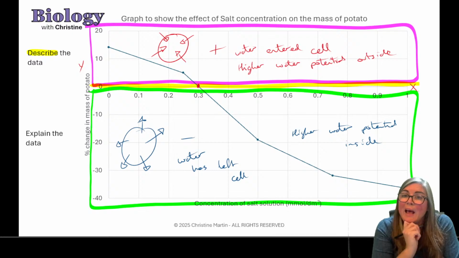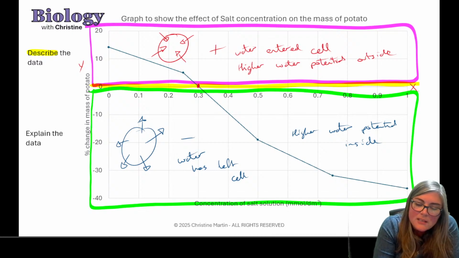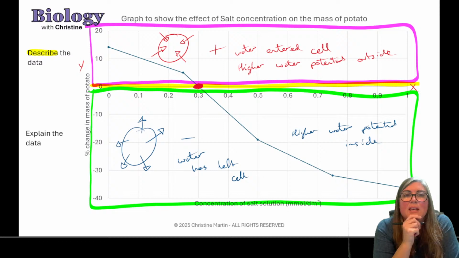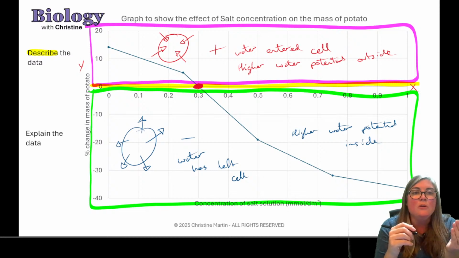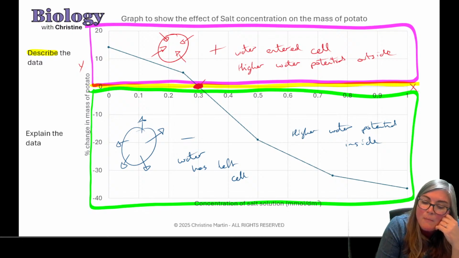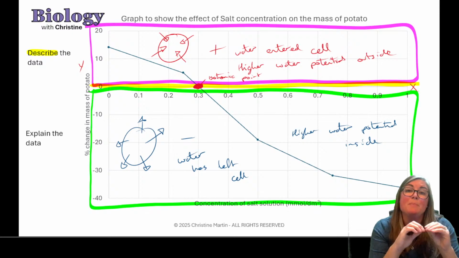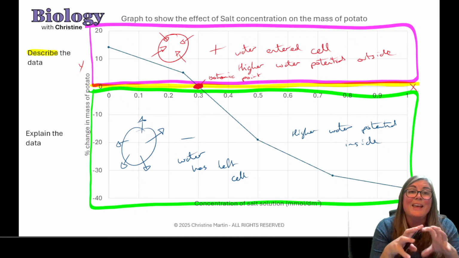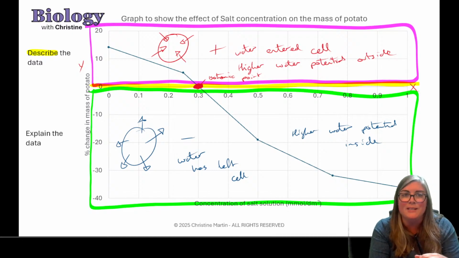So what can you tell me about this point right here on my graph? Well, there is no increase in mass and no decrease in mass. Therefore, that must be the isotonic point. So that must be the concentration inside my cell.